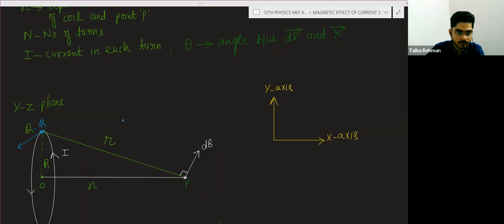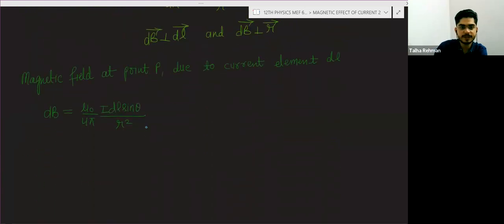So put here theta equal to 90 degrees. So sin 90 is equal to 1. You will get the small magnetic field at point P as mu naught divided by 4 pi, I dl, because sin theta is 1, divided by r square.